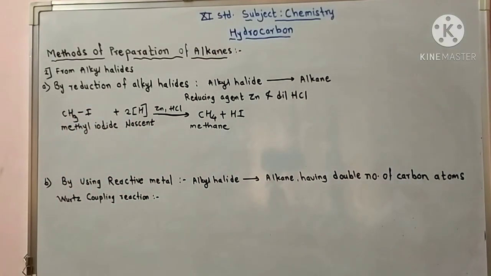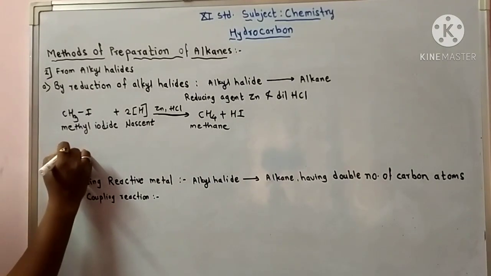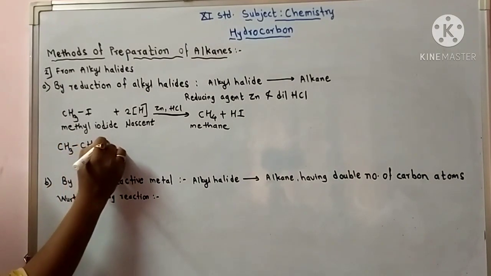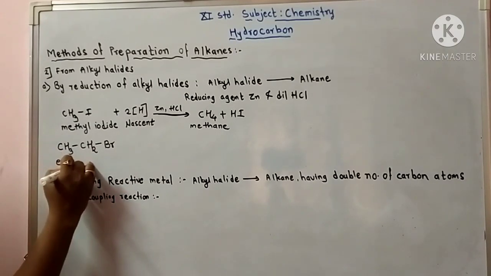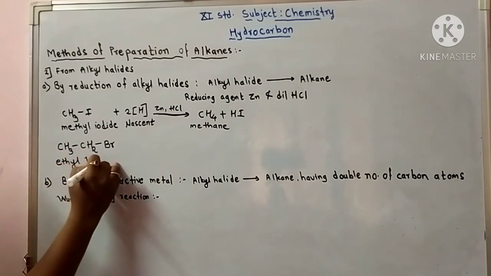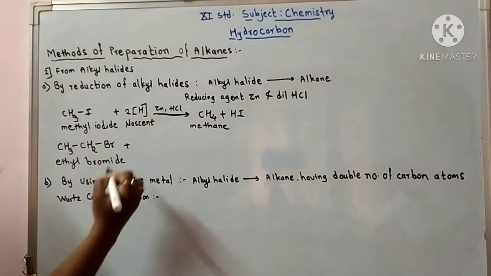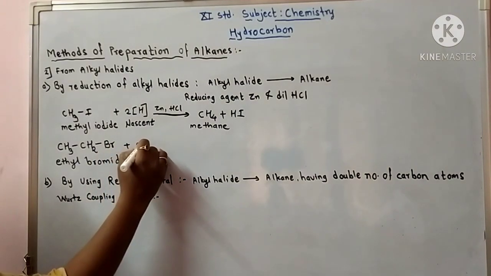Now let's see another example. If we take the example of the alkyl halide CH3CH2Br, the name is ethyl bromide. When it reacts with zinc and dilute HCl, nascent hydrogen is obtained.